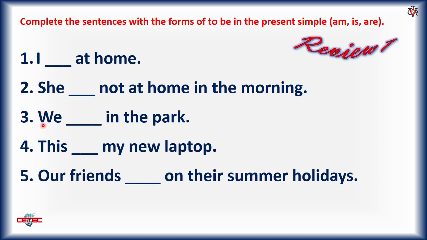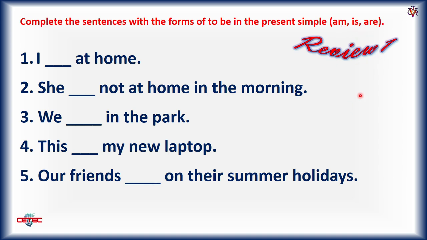Number 3. We are in the park. Number 4. This is my new laptop. Number 5. Our friends are on their summer holidays. Don't forget, you have to answer with am, is, are.